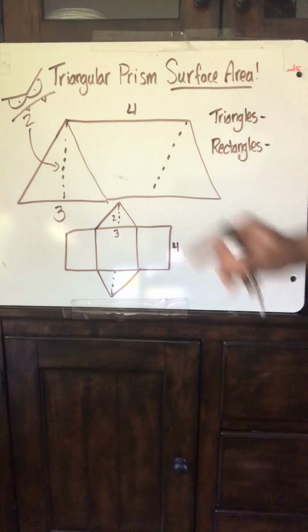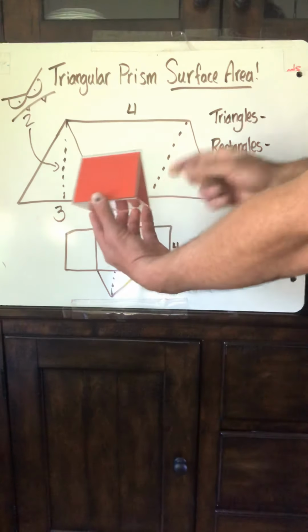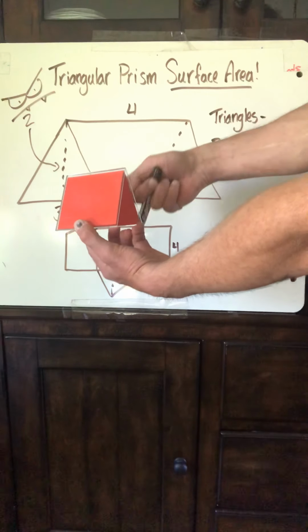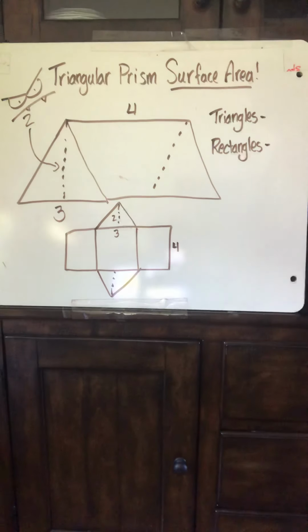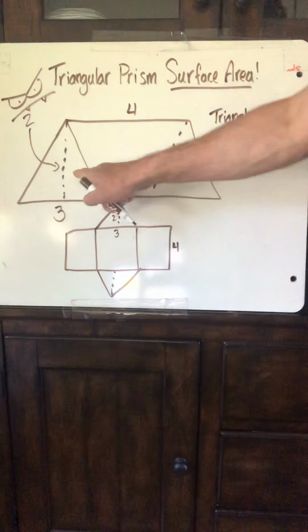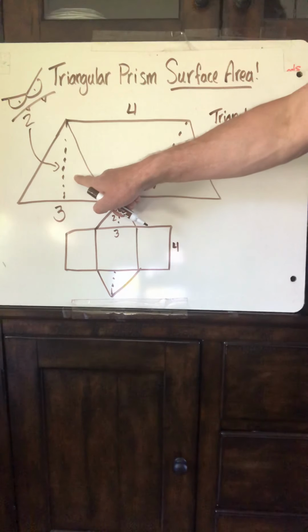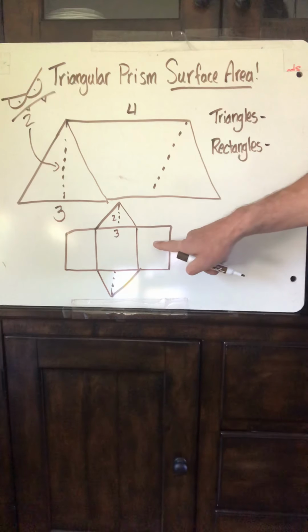I know it's hard to see on this drawing, but here, okay, front, back, bottom rectangle. So in this case, because we have an isosceles triangle, we know that these rectangles are all going to be the same.